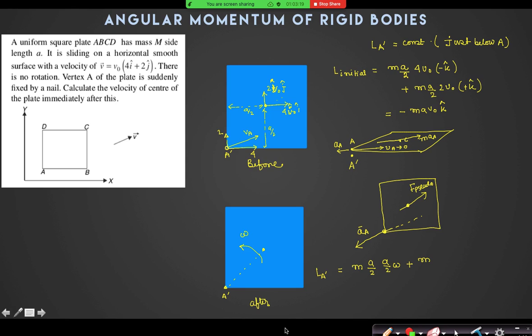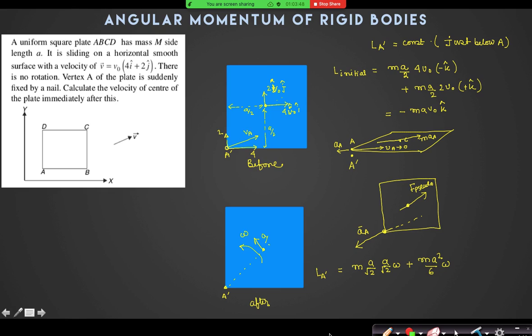Is it this one? I think m a square by 12 and this is m l square by 12. So it is m a square by 6, I think, right? Have I got it? The velocity of center of mass is a by, sorry, it's not a by 2. It should be a by root 2.